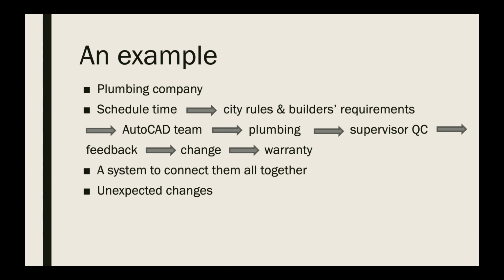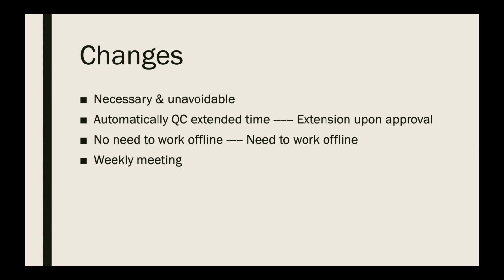Of course, during the development of the software, there will be a lot of unexpected changes. When I was talking to the manager of our IT department, Michael, he told me some changes were made during the development of this project, and I have picked two of them which I think are important. The first one is that at the beginning of the project, they were going to automatically give those supervisors in the field an extended time for their quality check.